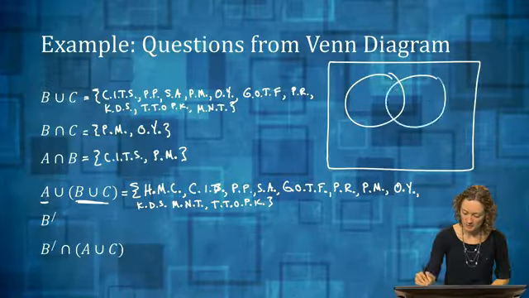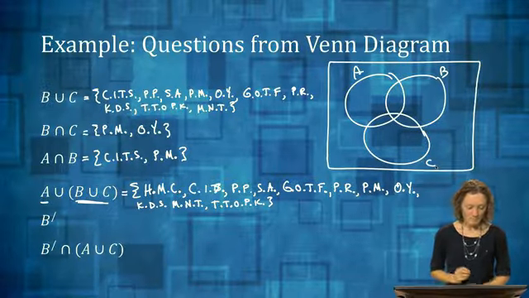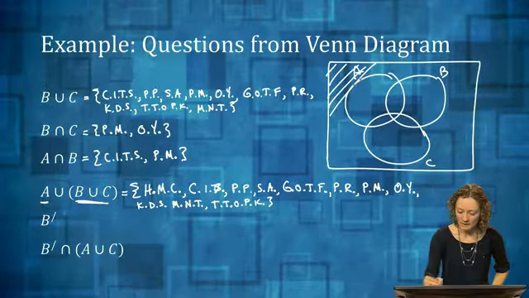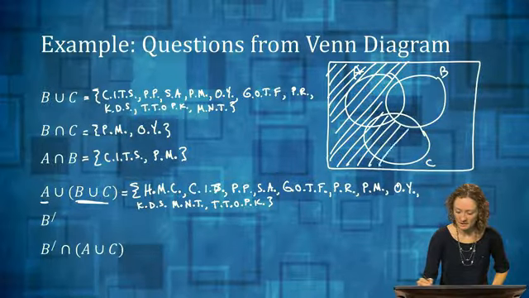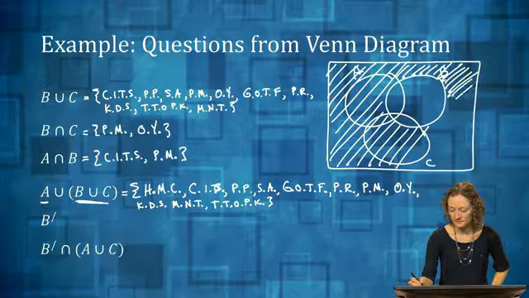So here's A, here's B, here's C. We want B complement. So B complement is everything outside of B. Complement still means the opposite, so it's simply everything that is not B.